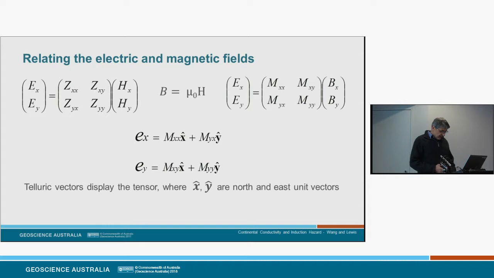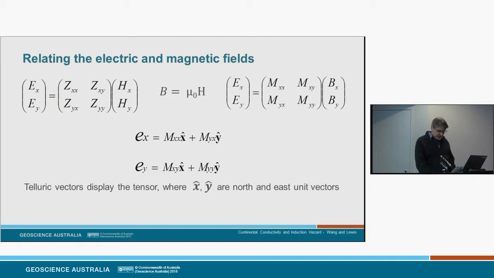But the magnetometers on the ground and at magnetic observatories generally don't measure H, they measure B, the magnetic induction or magnetic flux density, which is related to H by the magnetic permeability. So for our application, we're going to recast the equation in terms of the electric field and the magnetic induction B. And that means the Z matrix becomes what we refer to as the M matrix, the magneto-telluric response tensor.